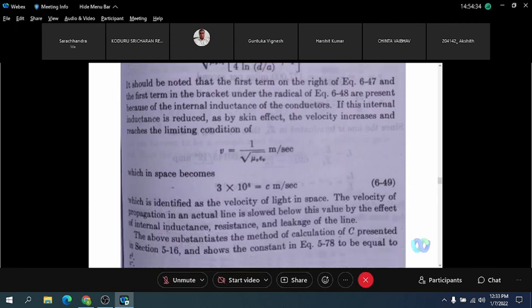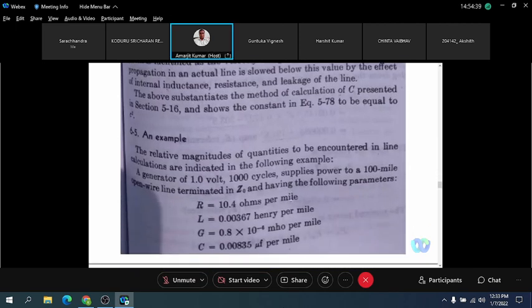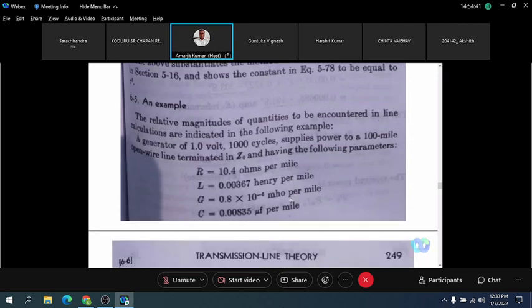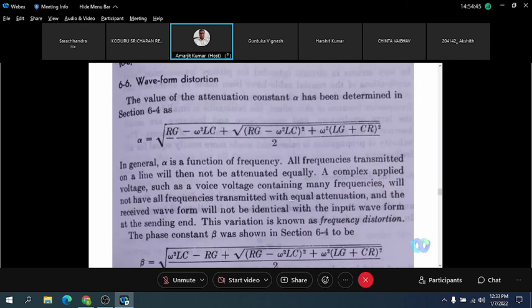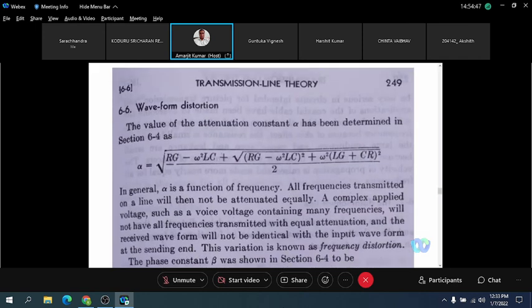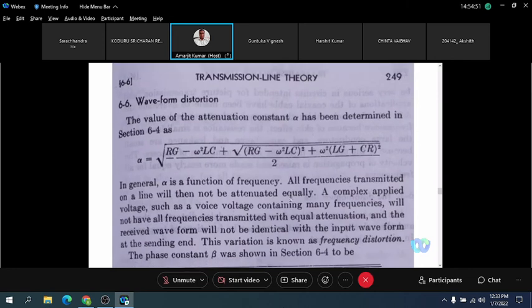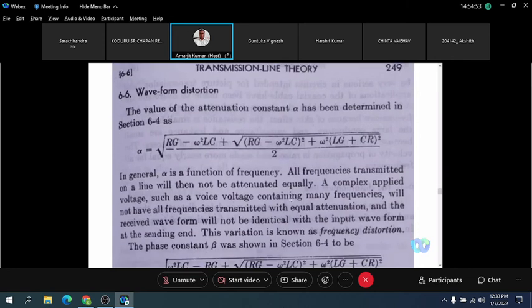Okay, good. This numerical you have to solve, but you can solve it yourself, no problem. Next we will discuss the distortionless line and waveform distortion in the next class on Tuesday.